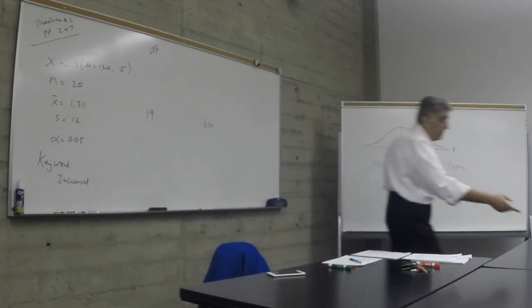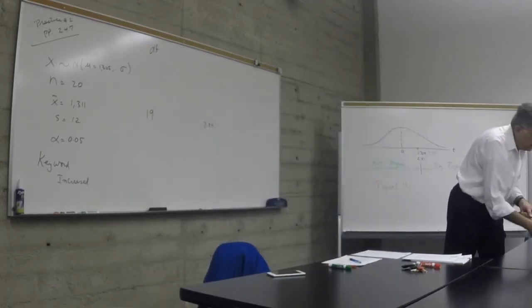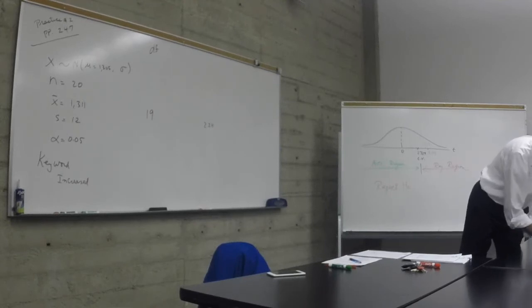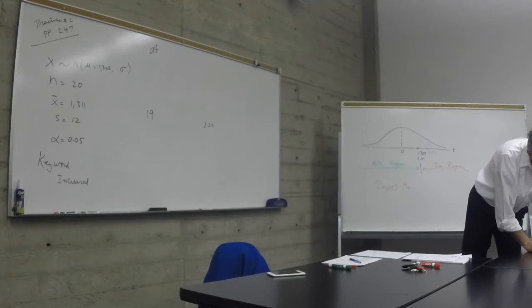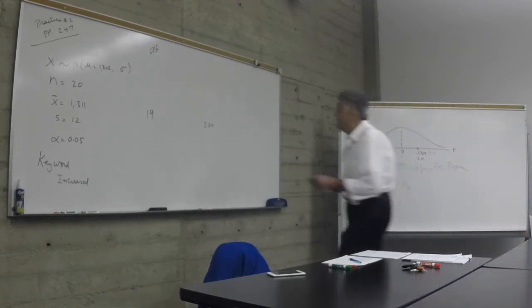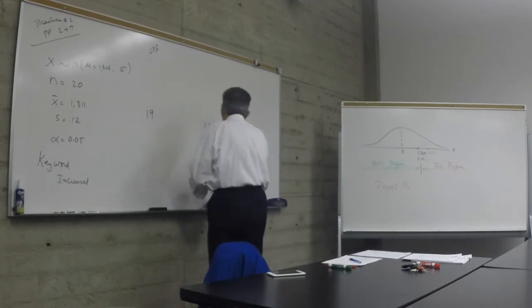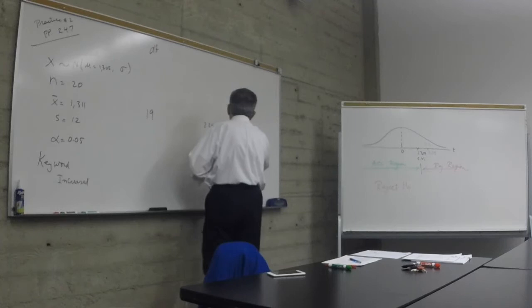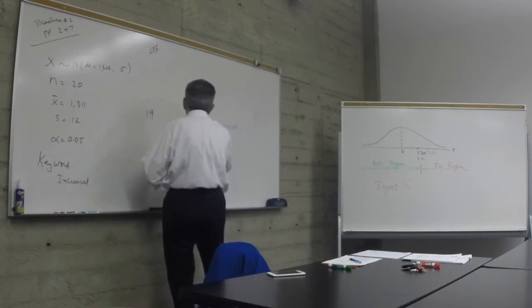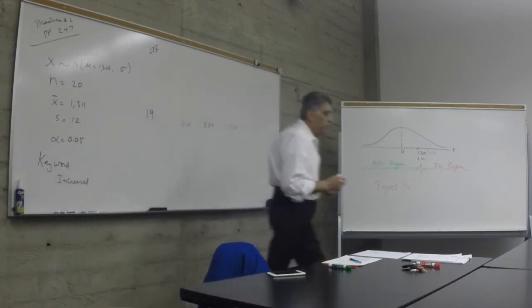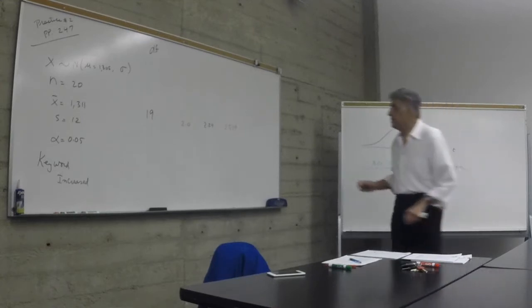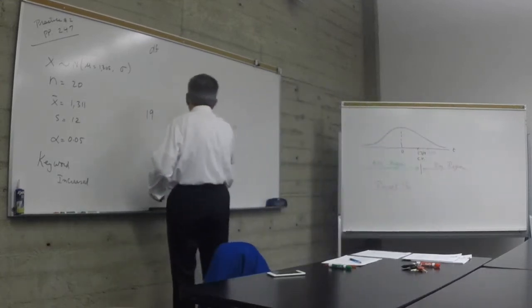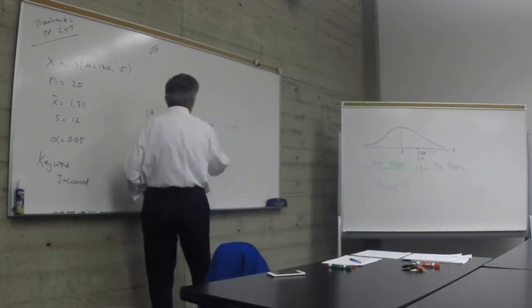So go to the T-table, and concentrate on row 19, and it's going to be between 2.093 and 2.539. Okay. So here, the test statistic will fall.